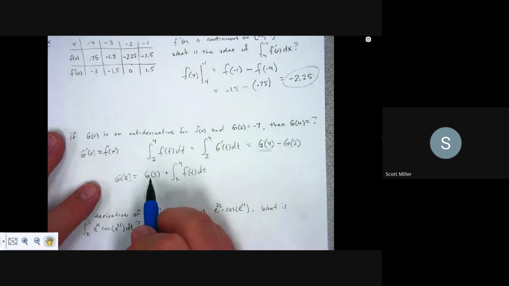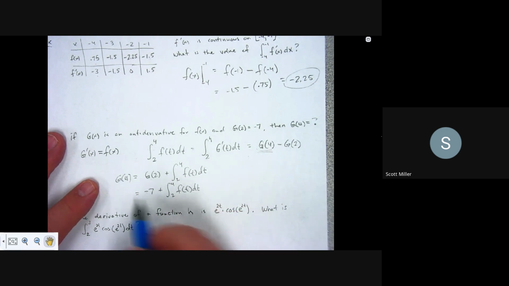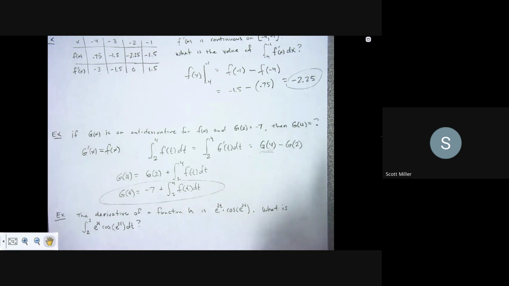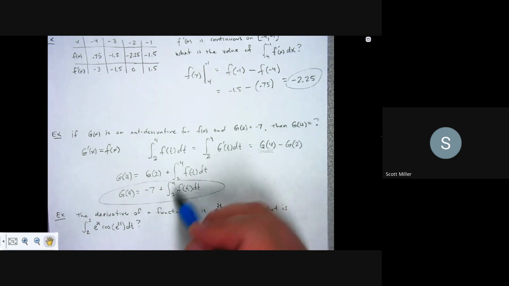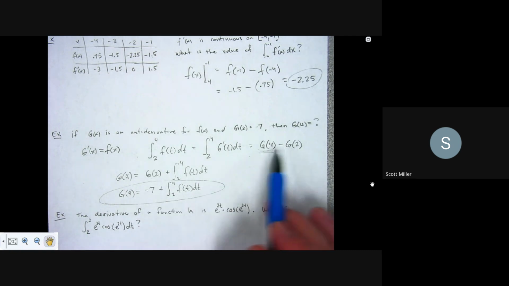And so this is equal to -7 plus this integration, which can just stay, and we found a value for g of 4 like that. So if I have the ways to find what that is, if I had a graph or something like that, then I can go ahead and figure it all out. But that is the value of g of 4, and this is how I can find these values.